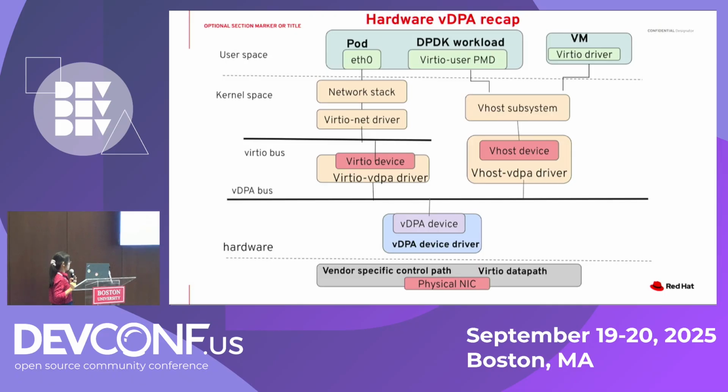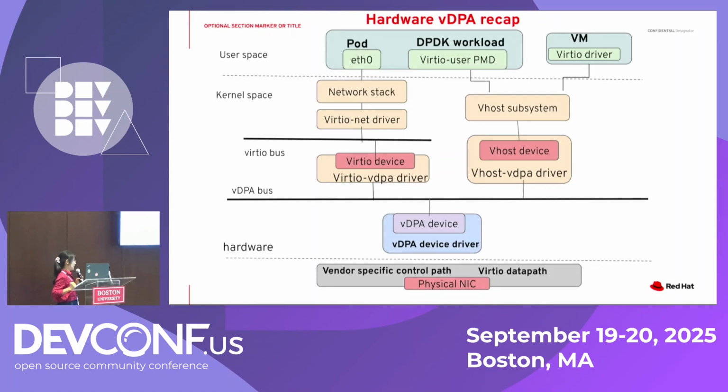Before we introduce VDUSE, let's briefly introduce the hardware vDPA. The vDPA stands for Virtual Datapath Acceleration. It leverages the hardware NIC to accelerate its datapath. Its two main components are the physical NIC and the vDPA kernel framework.